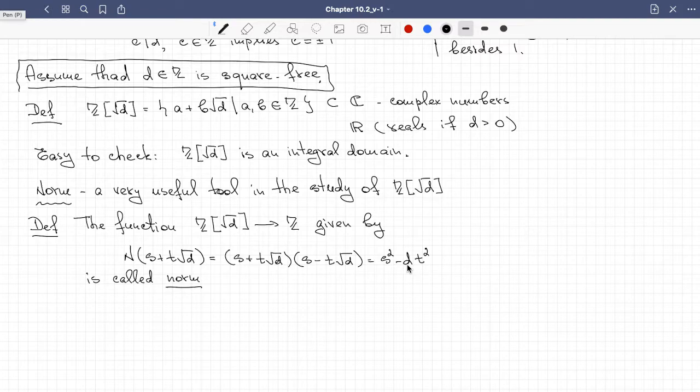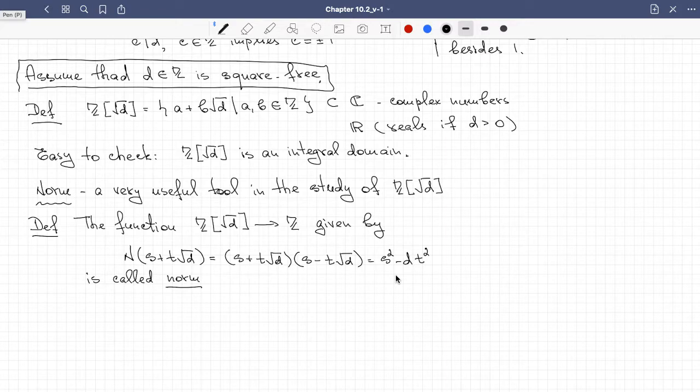We can consider for negative d a subring of the ring of complex numbers, while for positive d it is a subring of the field of real numbers. So it may happen that all norms are non-negative, or both positive and negative, depending on the sign of d. However, it may be zero when both s and t are zeros.